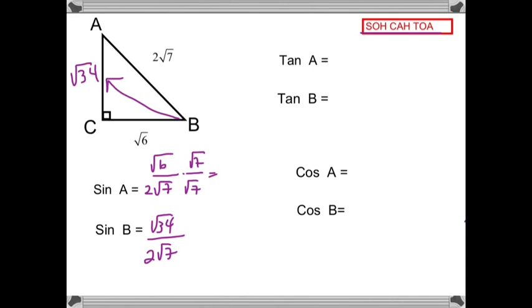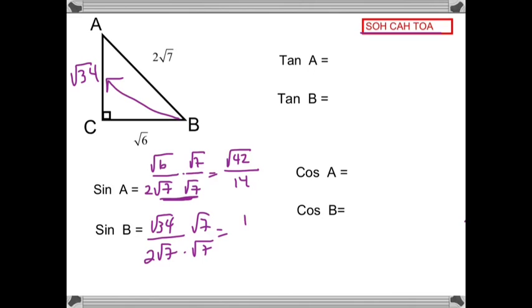Now, 6 times the square root of 7 will be the square root of 42, because remember, we can put them both together under the same radical sign. And on the bottom, 2 times the square root of 7 squared is 2 times 7, which is 14. And 42 is 6 times 7, so there's no perfect square that we can pull out there. Here we want to do the same thing, multiplying by the square root of 7 over the square root of 7.